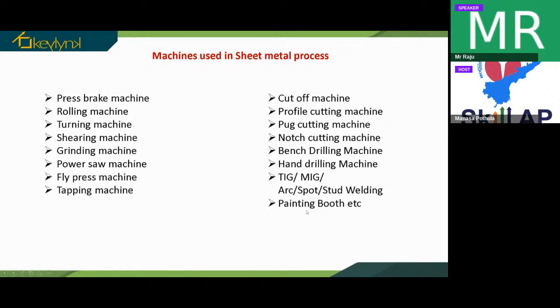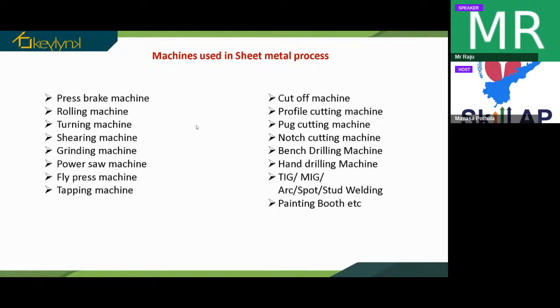And we also have the painting booth. Say, for example, we have got the sheet metal. We use the punch and die to get the necessary product, and then we trim the extra parts that protrude or extrude from the part. Then we send it to the finishing stage, the surface finish stage, where we use the grinding machines and abrasives to give a better finish.